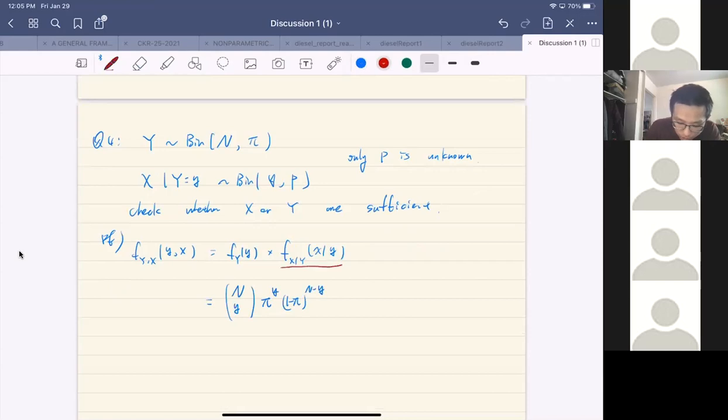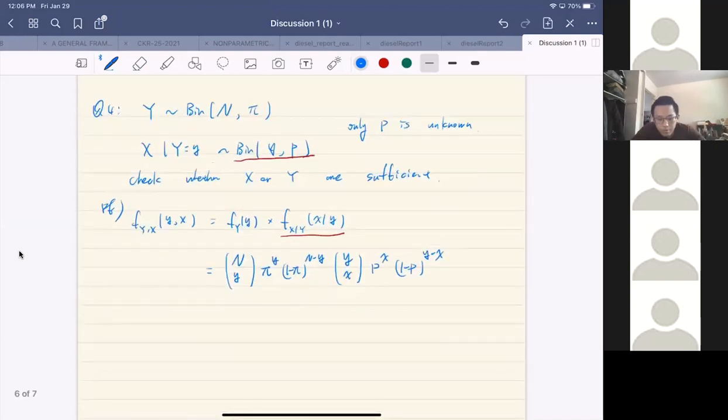And this one has density y choose x, p to the power x, 1 minus p to the power y minus x.